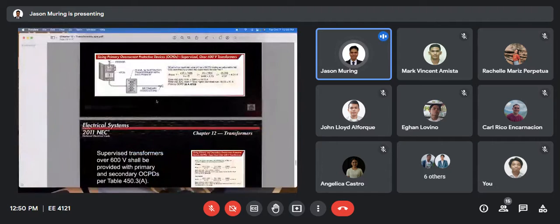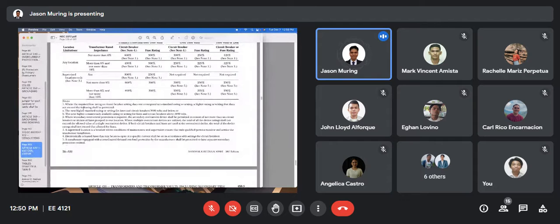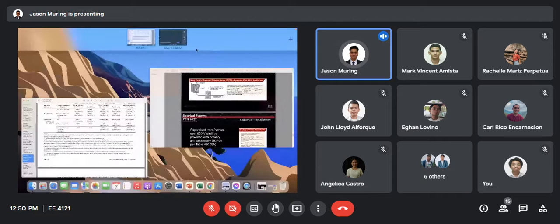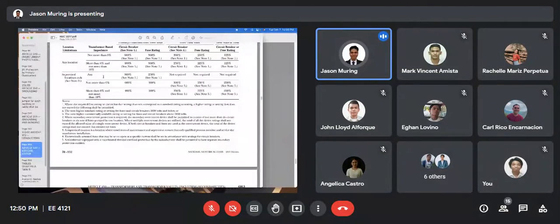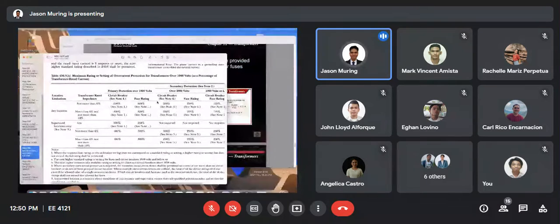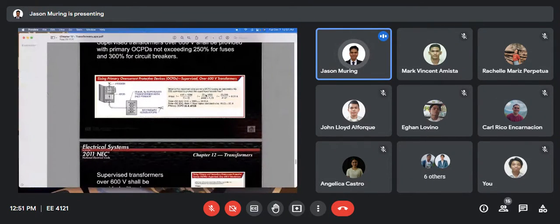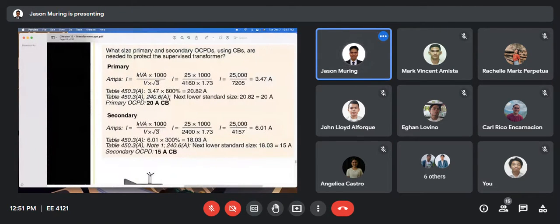But the problem, what I'm saying here, is that there's no way we can tell when to implement this next higher, because it just says that when it does not correspond to a standard rating, we use the next higher. So this is the maximum rating, and we should not exceed these values, whatever is calculated here. For example, if we calculated 20.82 and use the next higher, that is 25, so it already exceeds this value.